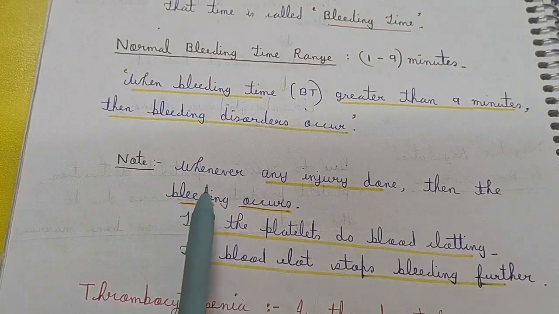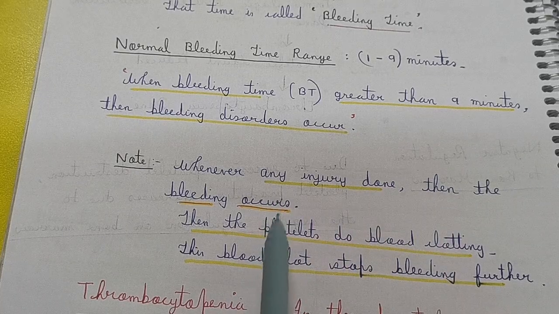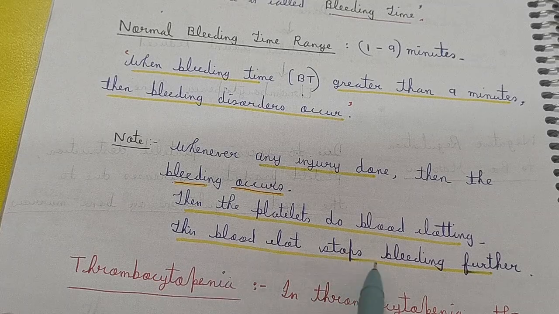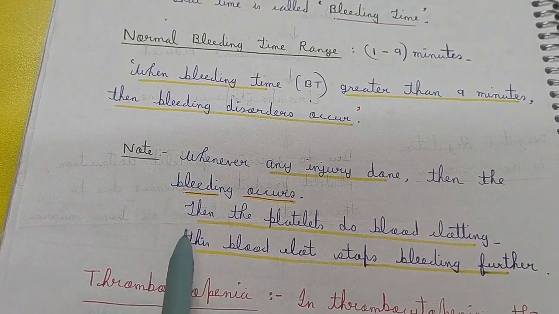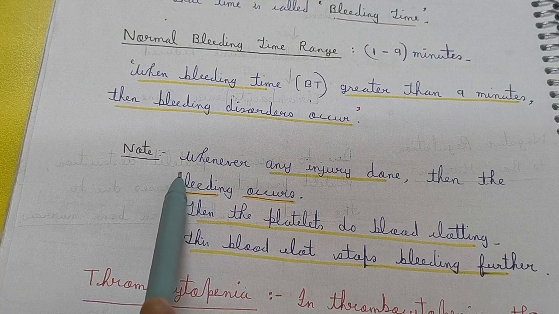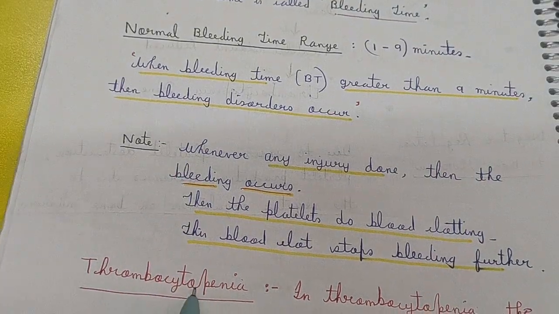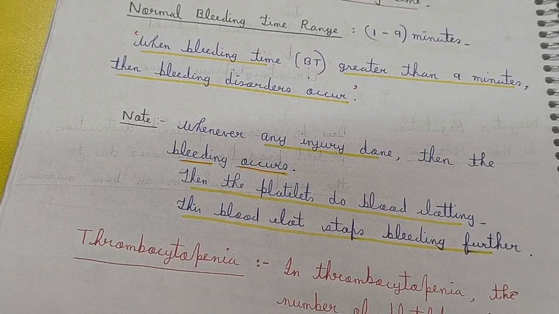Now note that whenever any injury is done, bleeding occurs, but the platelets do blood clotting, and this blood clotting stops further bleeding. This is the case in a normal human being, where the number of platelets is normal. But now I am going to discuss the case of thrombocytopenia, which I have written in red color.